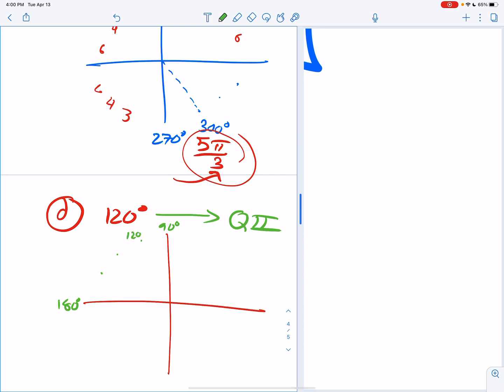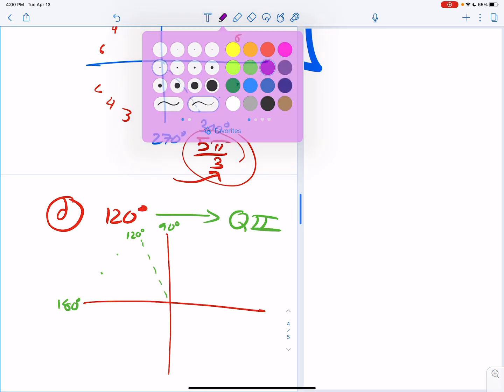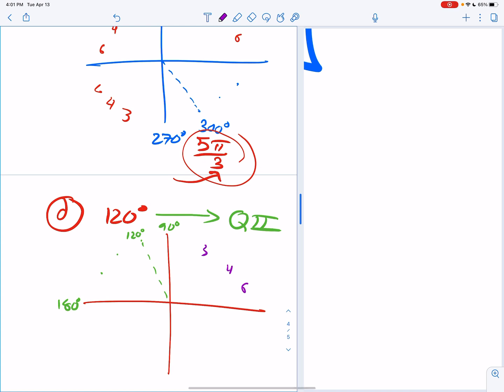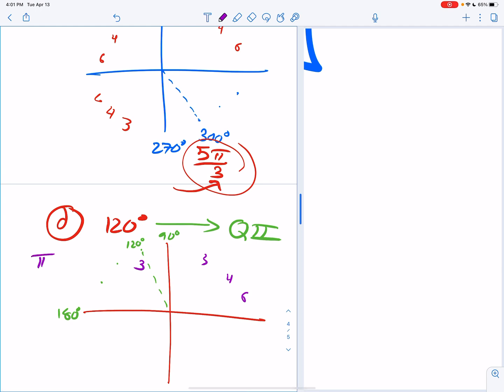So I know 120 is definitely right here, okay? So what's that denominator there? So I'm thinking 6, 4, 3. I'm counting in my head, so that would be 3. That would be something pi over 3. If you're in quadrant 2, remember that we subtract 1, so that's 2 pi over 3.